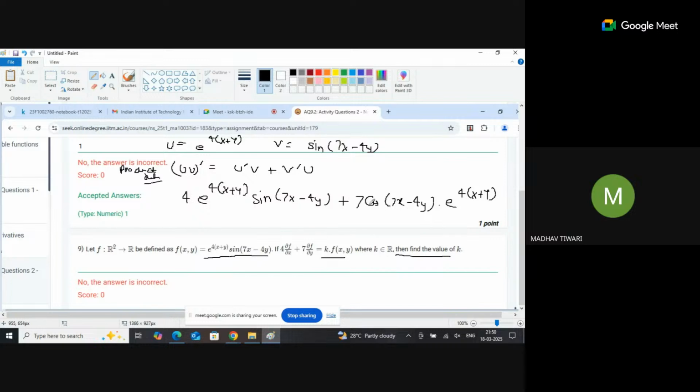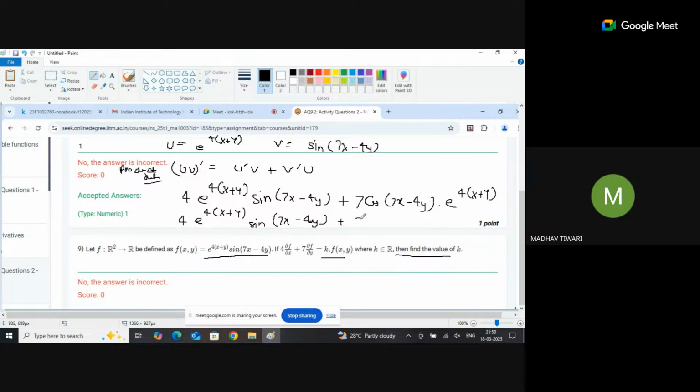Here I am having cos function. It is given that 4 times derivative with respect to x we did, and then I need to do with respect to y. So if I do the derivative with respect to y, it will be same like this, e raised to 4x plus y sine 7x minus 4y, right?